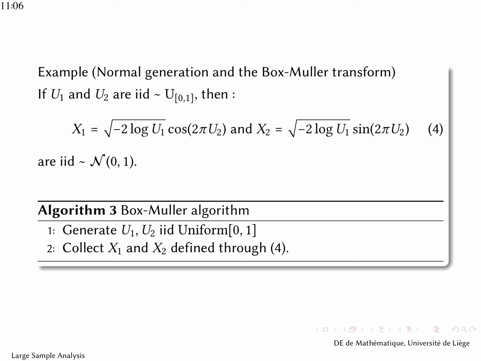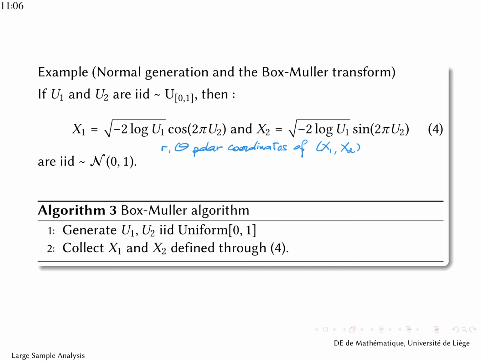In that case, x1 and x2 together will be IID and they will generate random numbers from a standard normal distribution. The reasoning behind this relies on polar coordinates. So assume that r and theta are the polar coordinates of x1, x2.